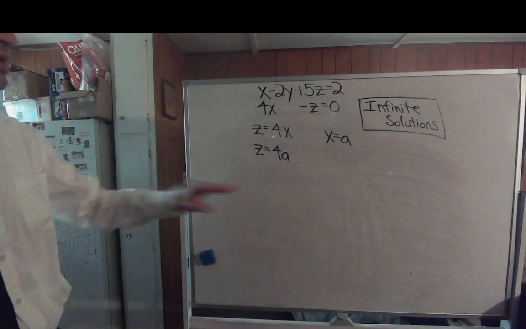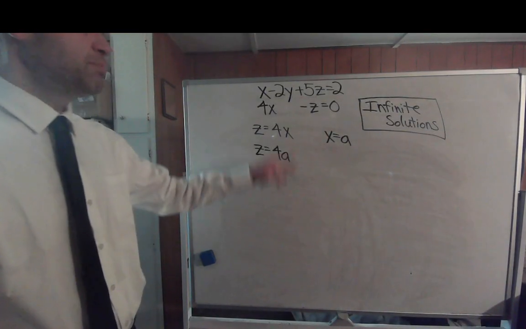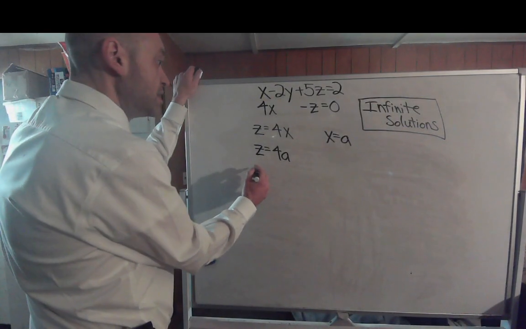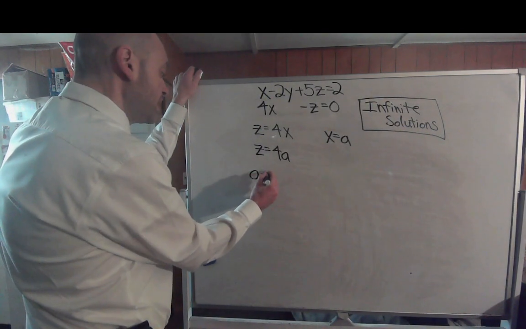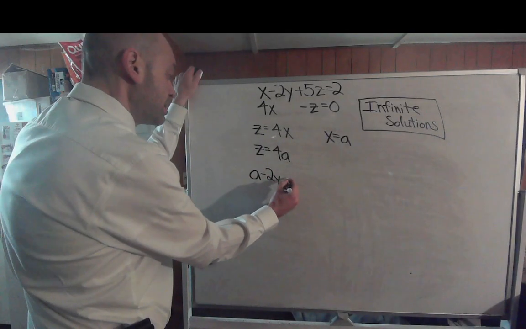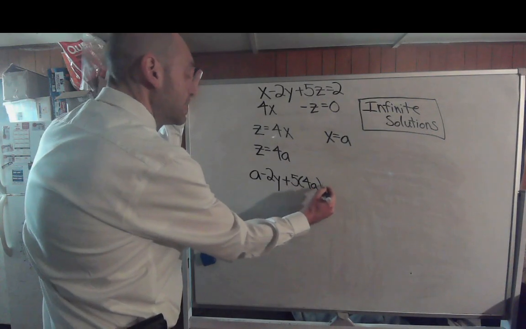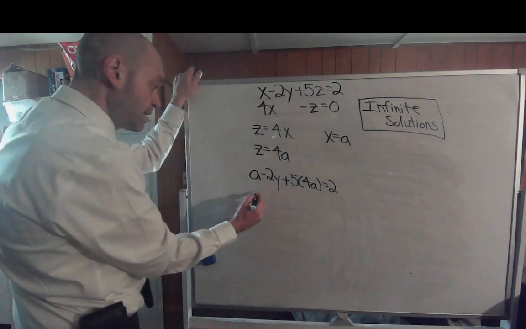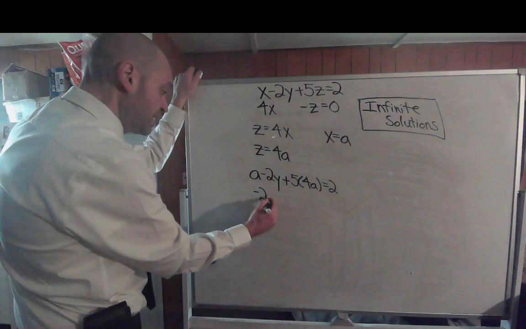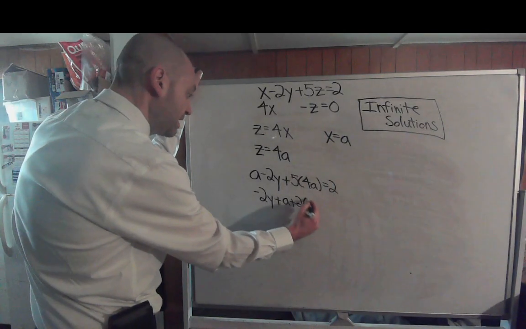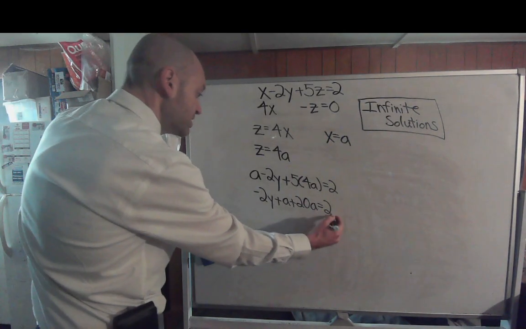So now take your values for x and z, put them in the original equation, and you can solve for y. So you'll have a minus 2y plus 5 times 4a equals 2, which would give you negative 2y plus a plus 20a equals 2.